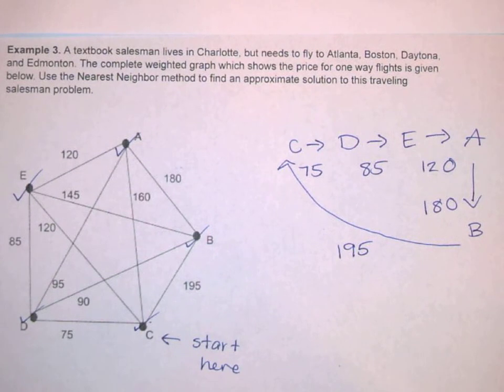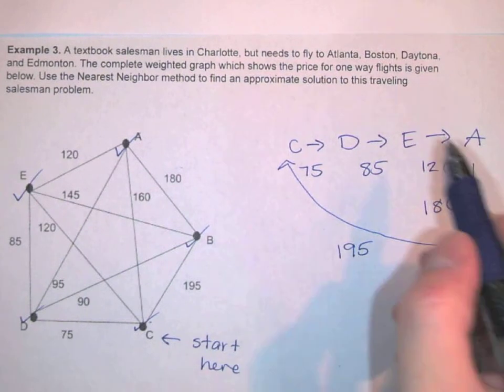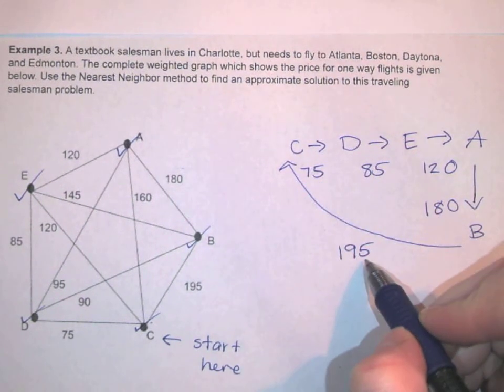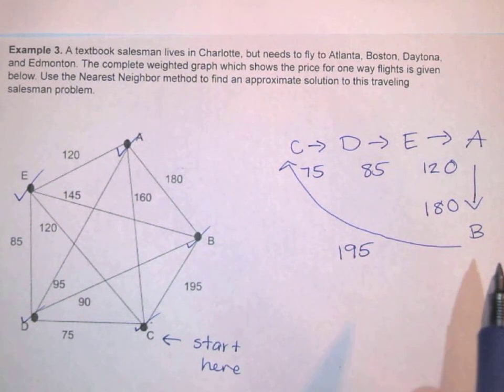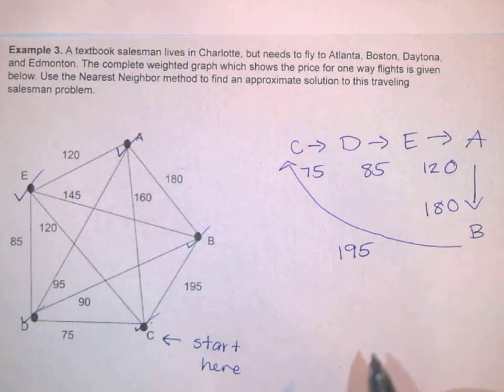So now the salesman has traveled to every vertex, and this should give us a minimum or close to a minimum Hamilton circuit.